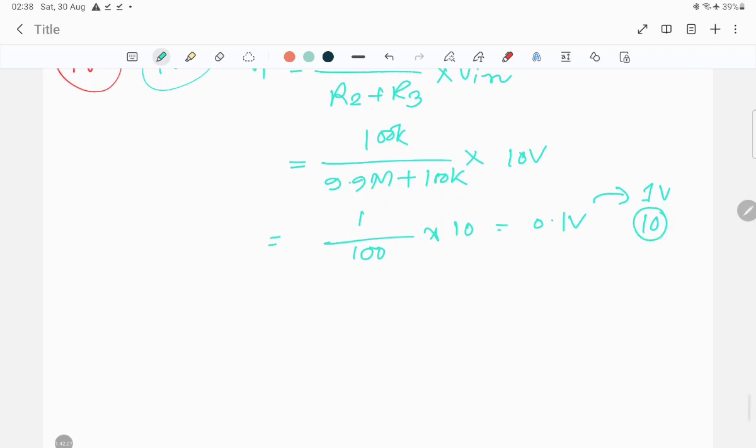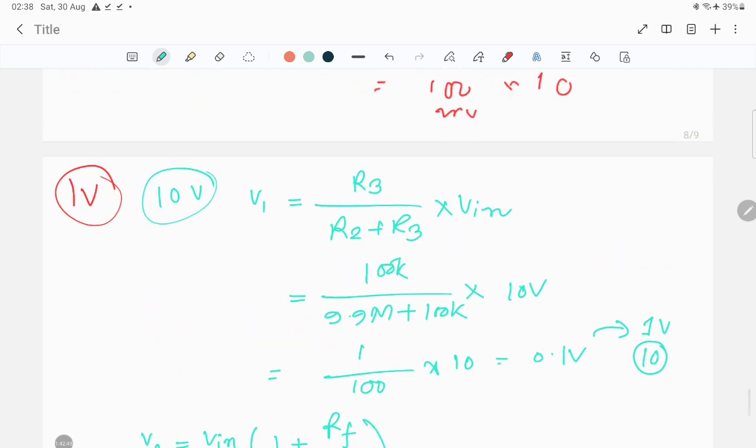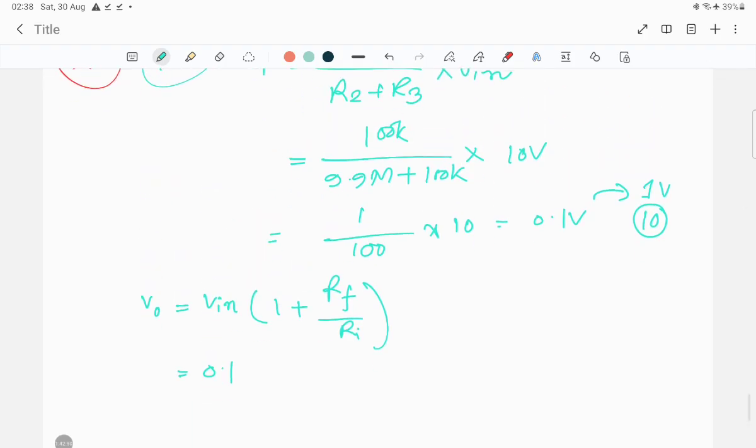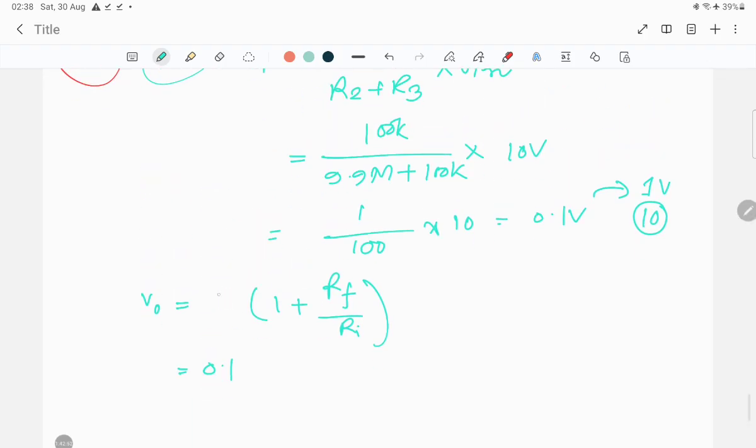At that time the output V out will be V1 into 1 plus RF by RI, that is 0.1 into 1 plus 90 divided by 10. So ultimately you will get 1 volt.